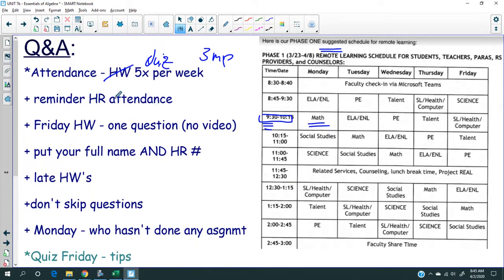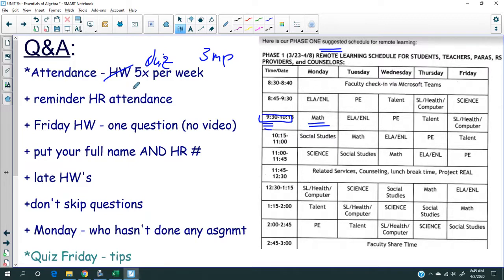For my homeroom, and actually for all of you, your homeroom teachers are setting up Google Classrooms just for homeroom. So do all of us a favor and go in and sign in for the day. To sign in, there's going to be an official class just for homeroom.